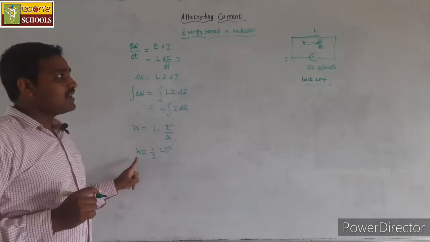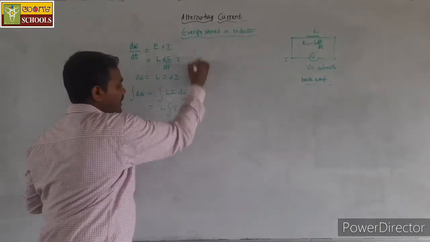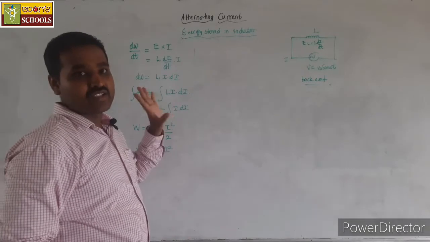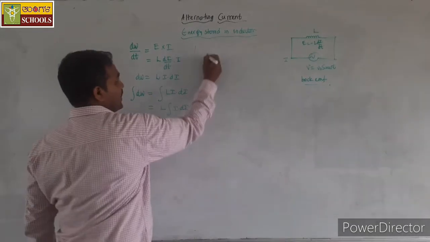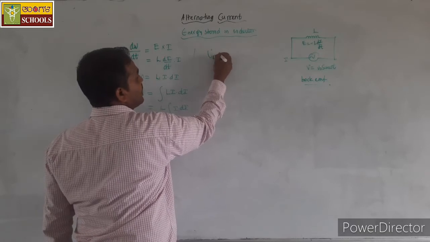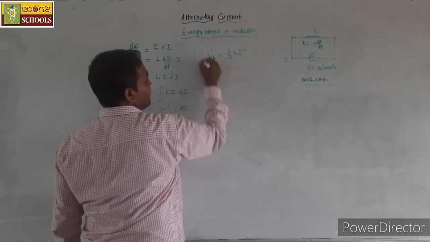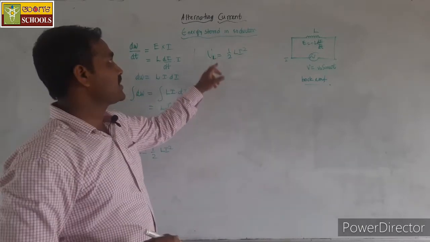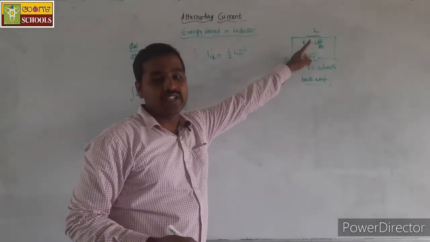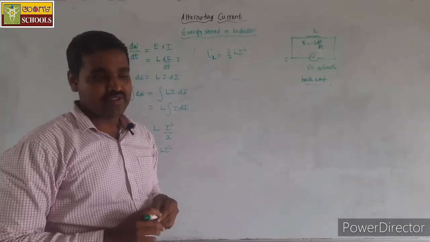This work done gets stored in the inductor in the form of electromagnetic energy, so I can write it as UL equal to half L i square. This is the expression for energy stored in the inductor when it is connected to an alternating source of voltage.